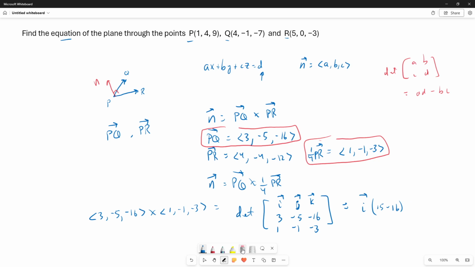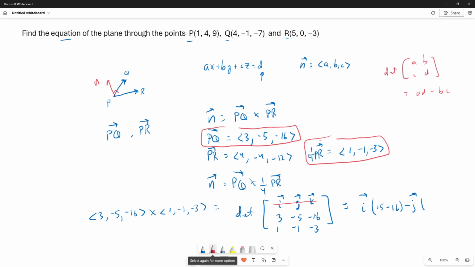And then we go to the next entry in the first row, and that would be J, and we have a plus minus plus effect as we move across the first row, so it's going to be minus J times the determinant of the matrix obtained by removing the row and column that J is in. So that would be the 2 by 2 matrix 3, negative 16, 1, negative 3.